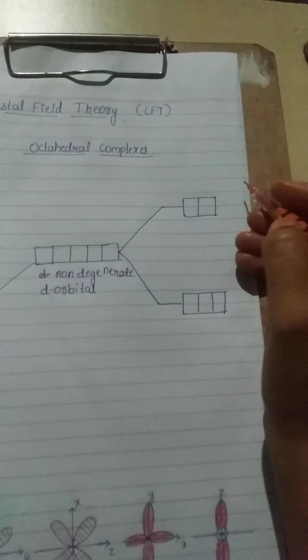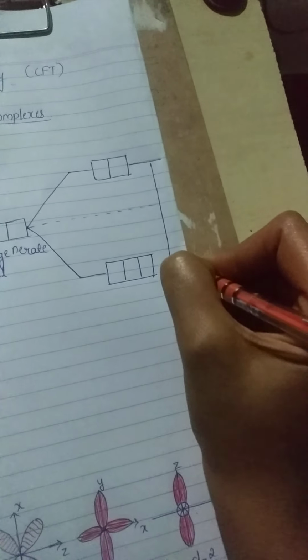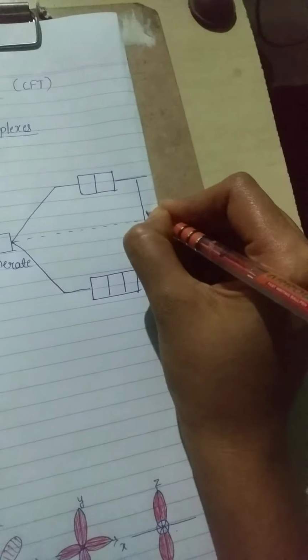This splitting is called crystal field splitting energy, in short form CFSE. Crystal field splitting energy, or crystal field stabilization energy also we call it. It is denoted by delta. For the octahedral complexes we discuss, it is called delta naught, where O represents octahedral complexes. Here are some important tricks.